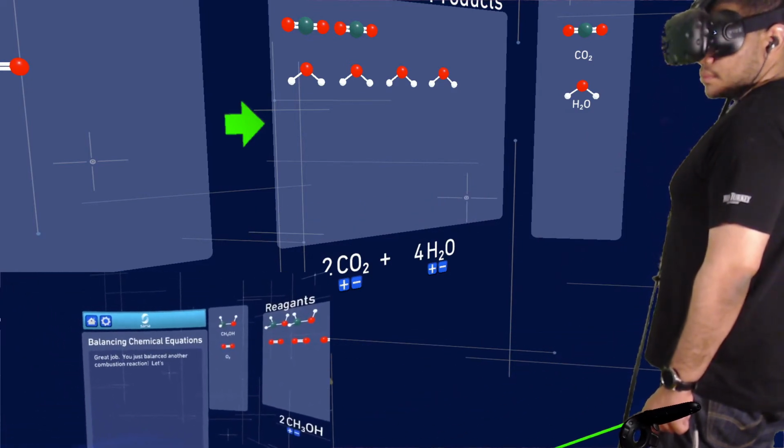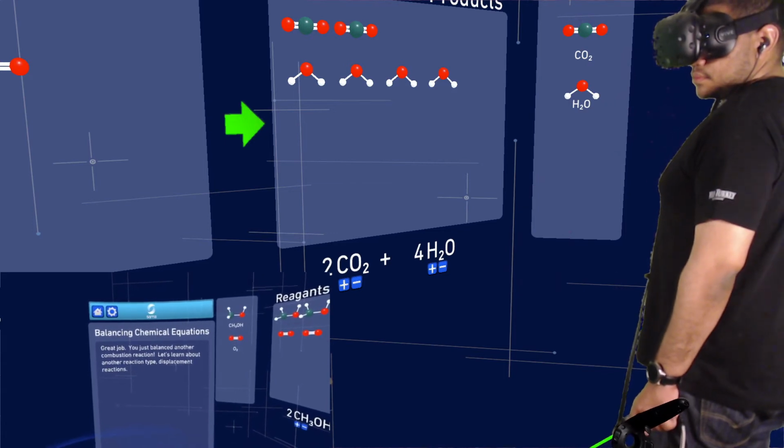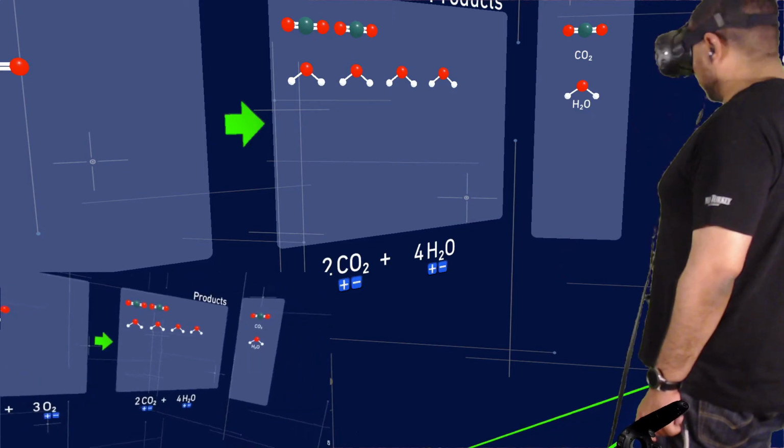Great job! You just balanced another combustion reaction. Let's learn about another reaction type, displacement reactions.